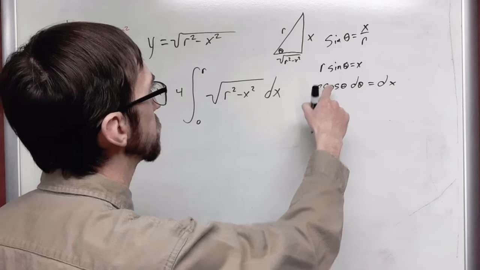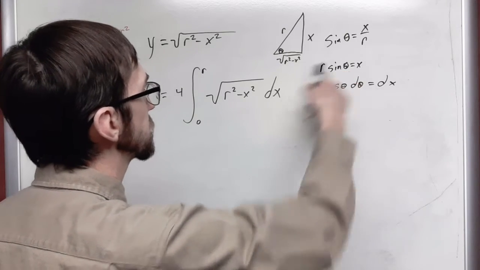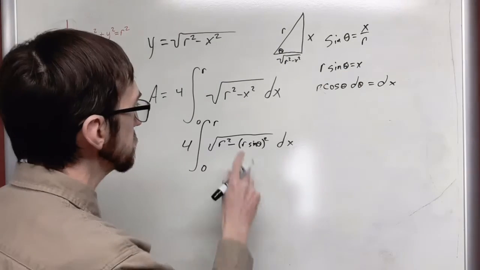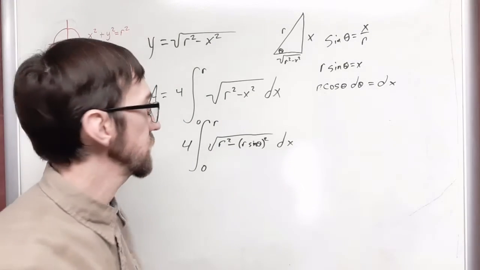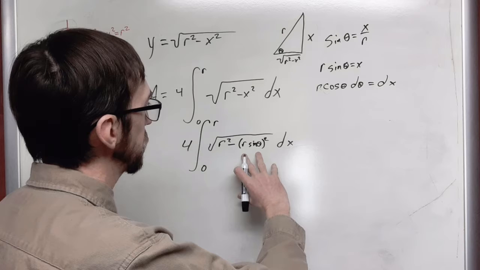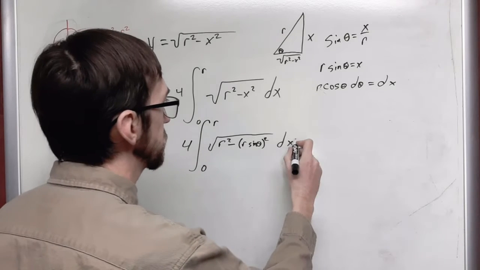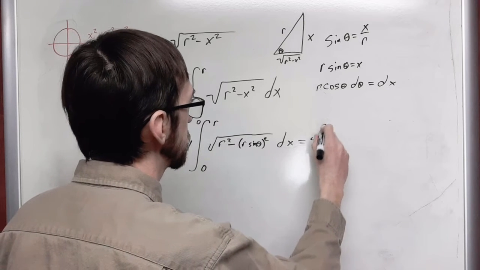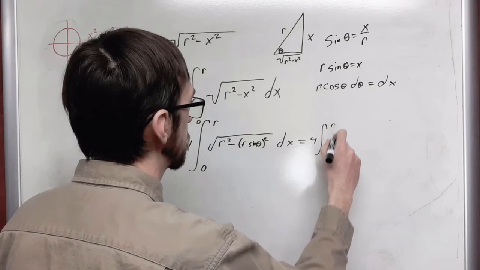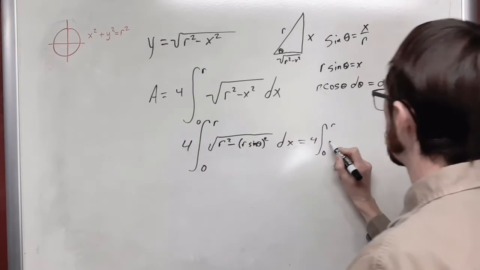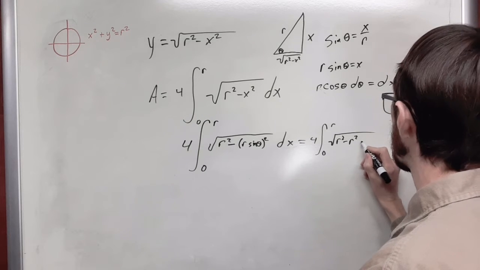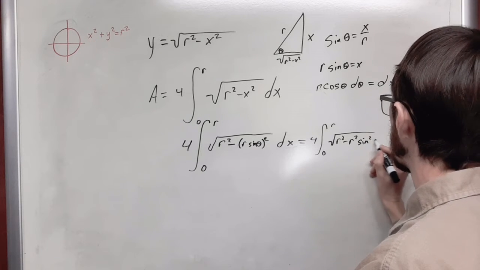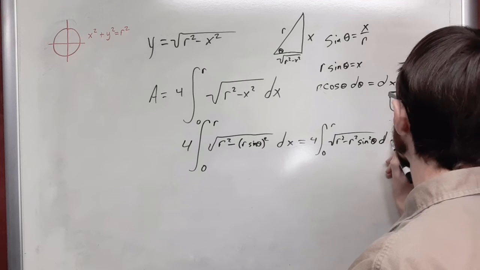So right now I'm going to substitute this expression in for x, and so now I'm just going to do some algebra to clean this up. So I'm going to square everything on the inside here. And so I have the square root of r squared minus r squared sine squared of theta dx.